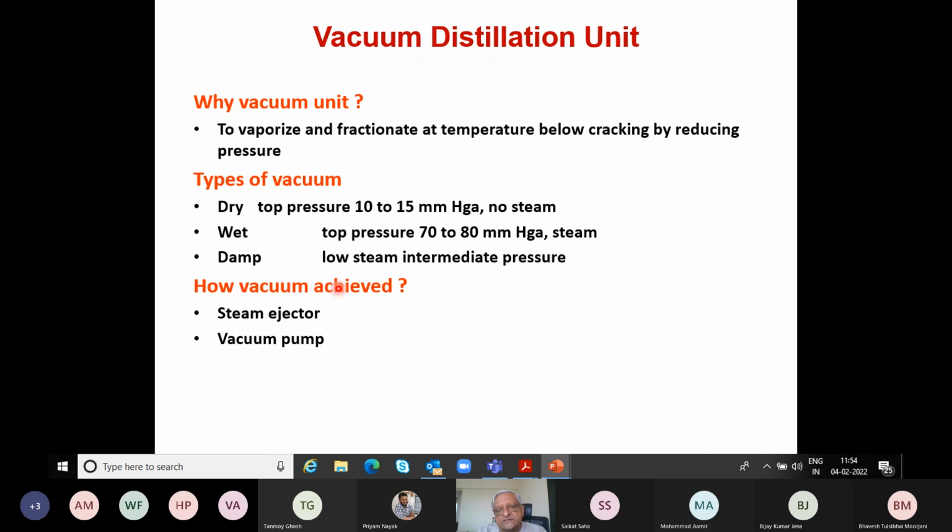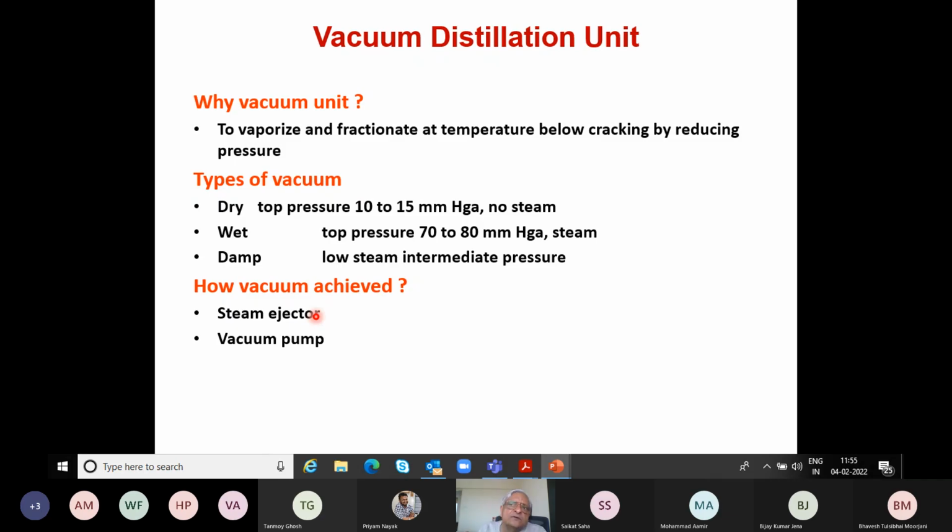How do we actually generate such a high vacuum? In our industry, we have invented a device called the steam jet ejector. I think you must have studied that in your undergraduate classes. It uses the principle of Bernoulli's theorem to transfer kinetic velocity to a pressure head, and I'll explain later how.